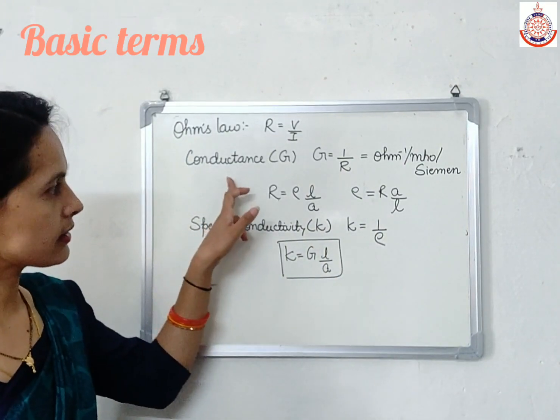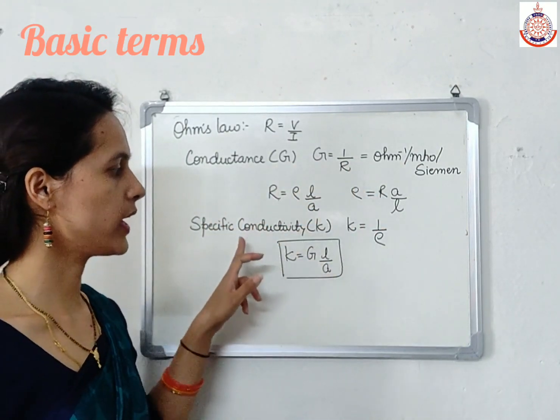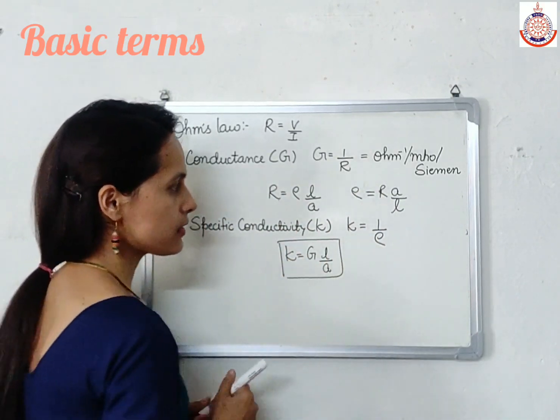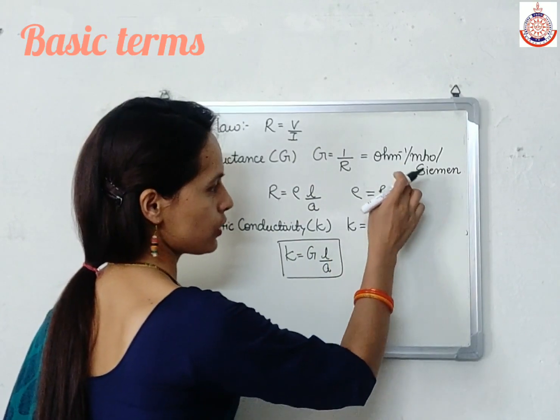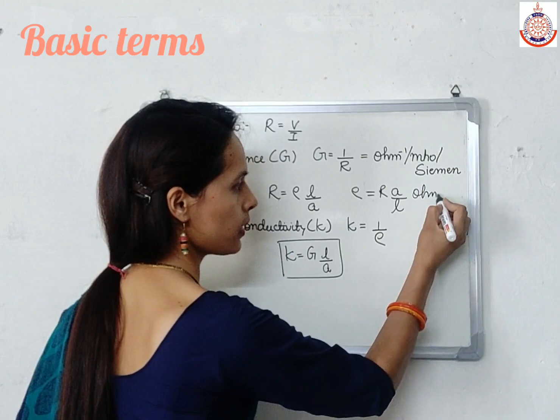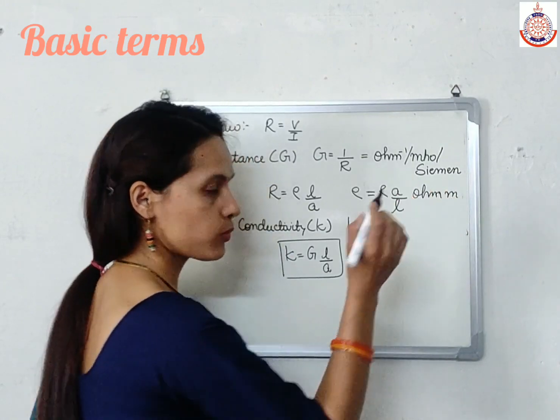So conductance is the reciprocal of the resistance, whereas conductivity is the reciprocal of the resistivity. What is the unit of this quantity? The unit of resistivity is ohm meter or ohm centimeter.